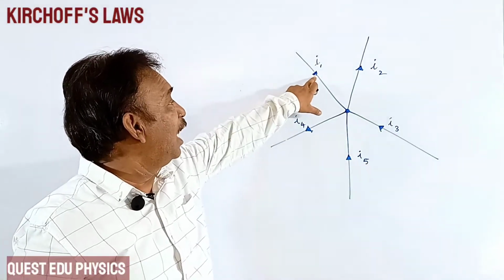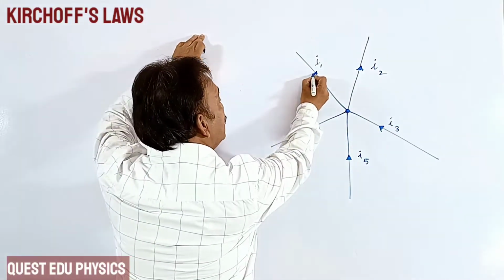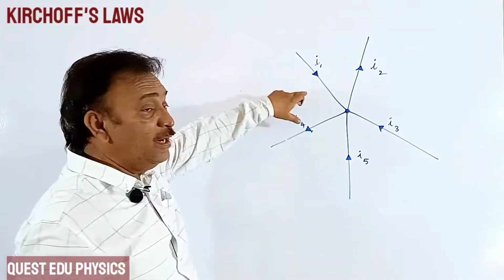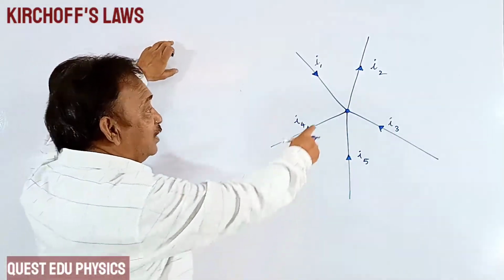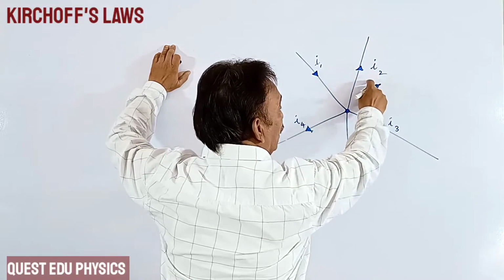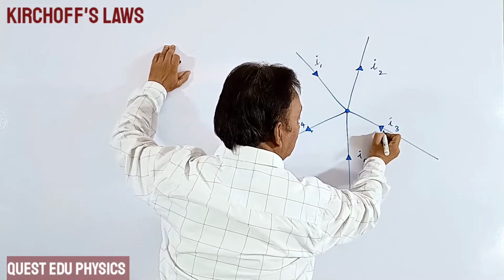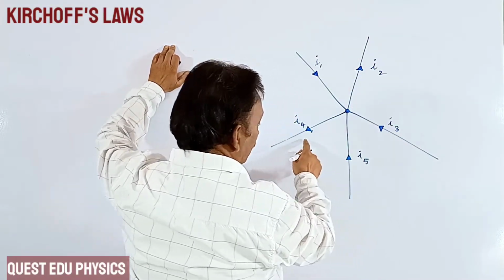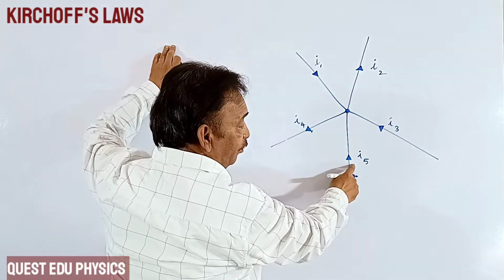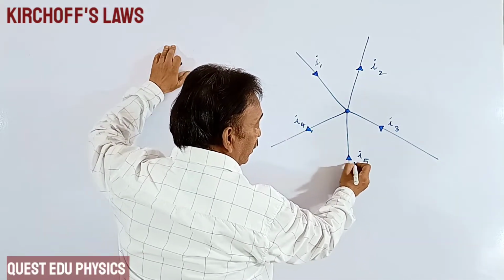In this, I1 is the current which is entering, I2 is leaving, I3 is entering, I4 is leaving, and I5 is entering.